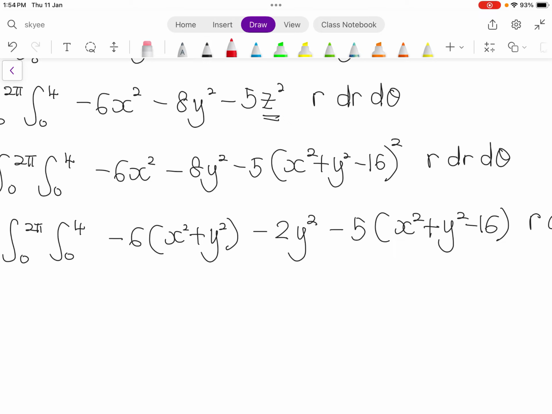Then x squared can become r cosine theta squared, y squared can become r sine theta squared, and this one can become r squared.